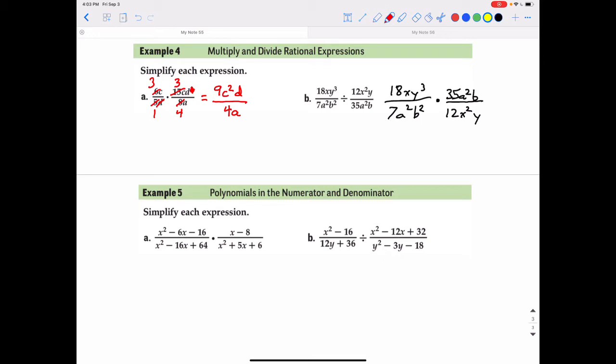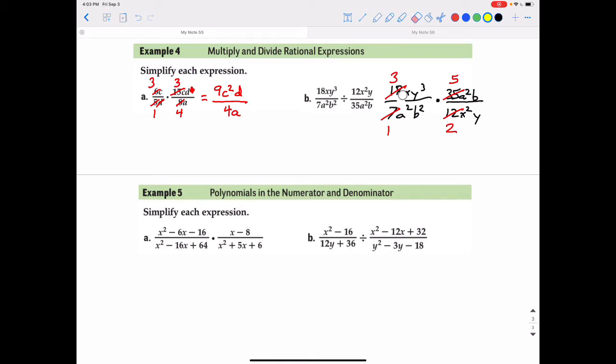And then what can I cancel out? Looking at the 18 and the 12, 6 goes into both of those. 18 divided by 6 is 3. 12 divided by 6 is 2. Looking at the 35 and the 7, 7 goes into both of those. 35 divided by 7 is 5. 7 divided by 7 is 1. I'm looking at the x's.